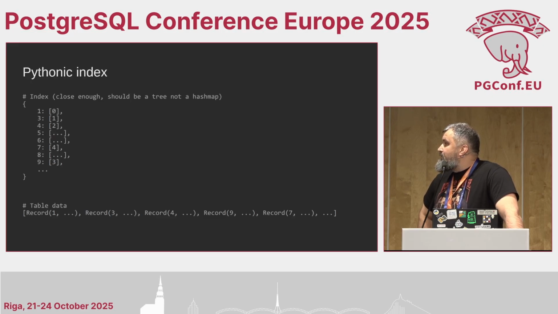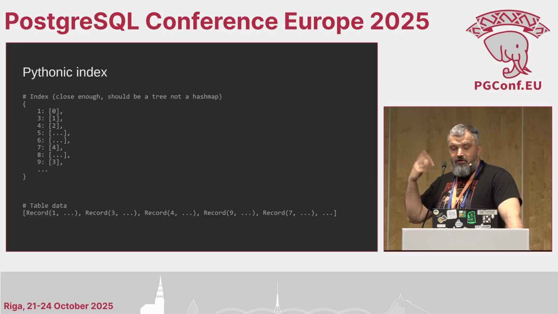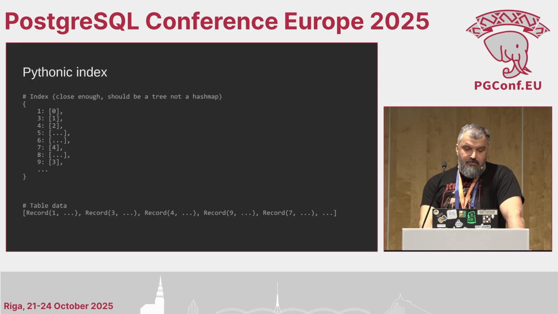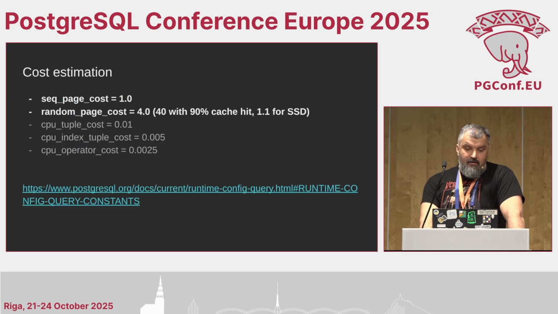It's not completely correct because indexes are trees and the Python dictionaries are actually hash maps, but it will give you a good enough idea of what is actually possible and what is not. So it contains the keys, and then it contains a list of record IDs that map to this key. So something like that.